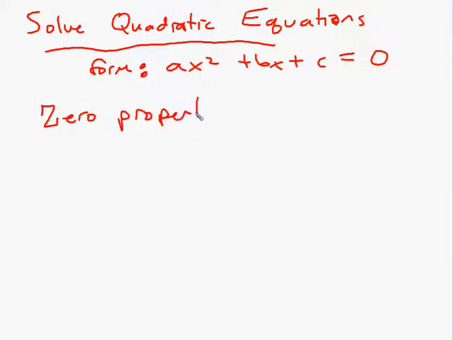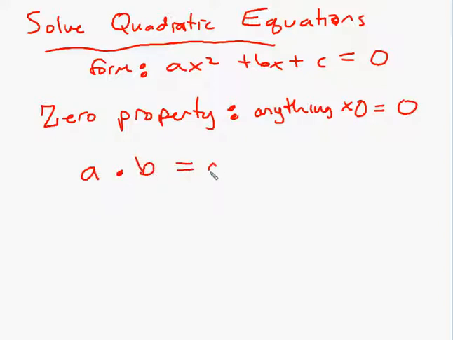And the 0 property tells us anything times 0 is what? 0. Yeah. Alright, so let's use the 0 property right now. If I tell you a times b equals 0, one of these would have to be what? 0.